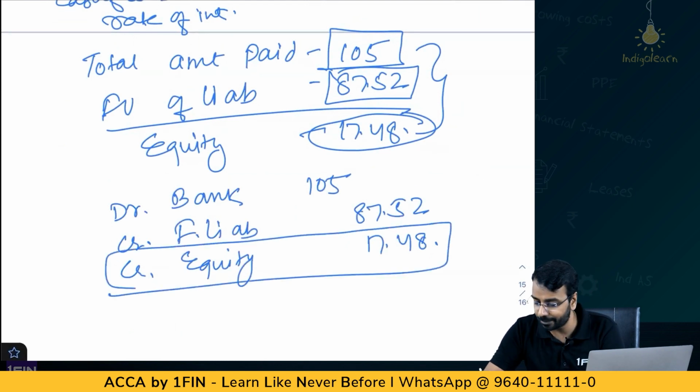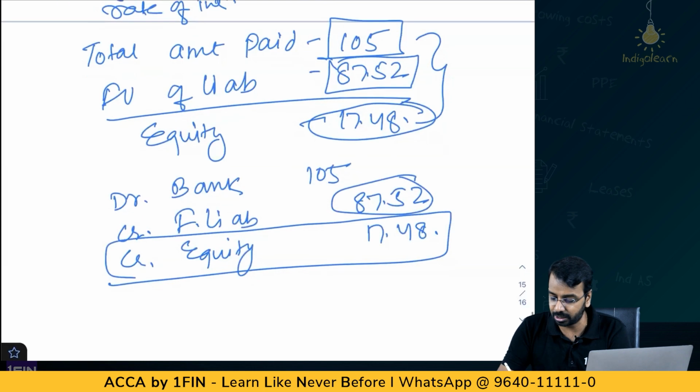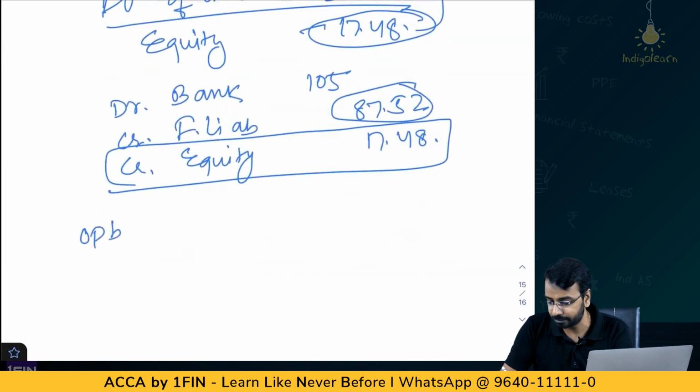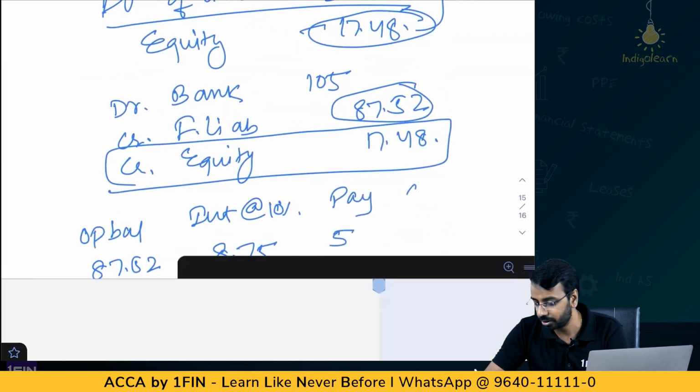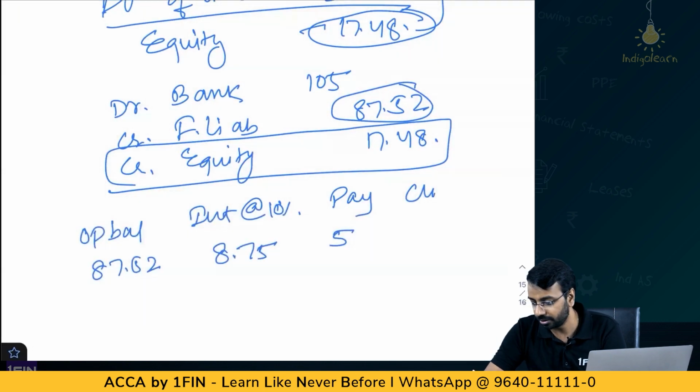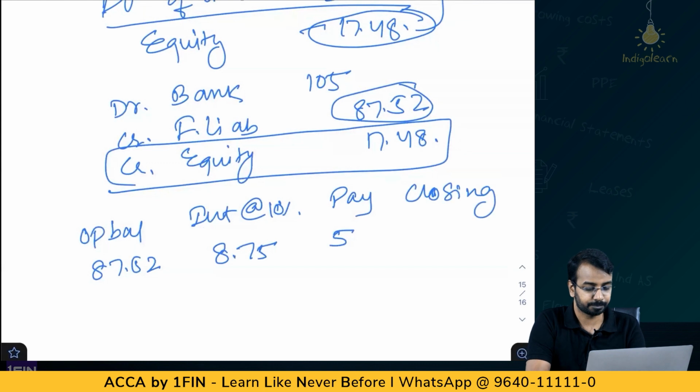Now, what will happen to 87.52? Every year you will say opening balance 87.52, interest at 10%, so let us say 8.75, payout at 5, because 5 is what is being paid out. Then you have closing balance: 87.52 plus 8.75 minus 5.